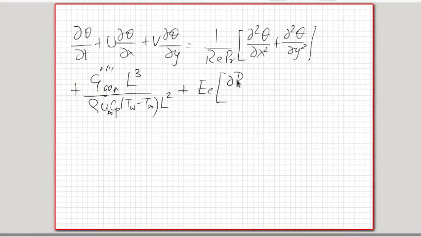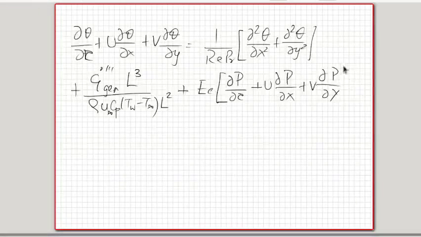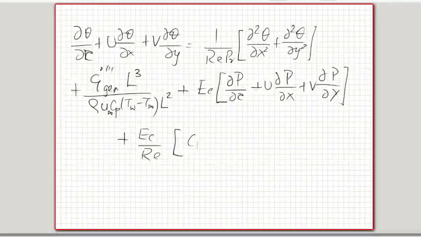del capital P by del tau, this is tau, sorry, plus U del P by del X plus V del P by del Y, okay, plus Eckert by Reynolds number multiplied by the non-dimensional phi value.